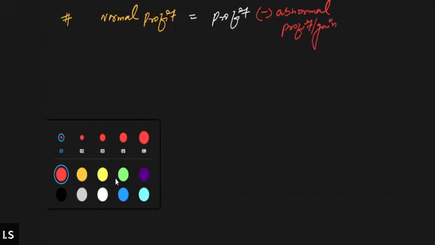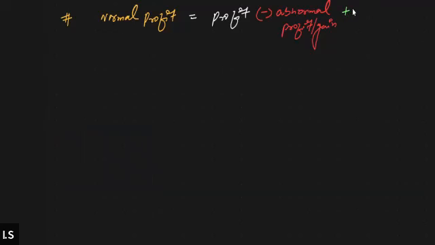And at the same time, you need to add back all the abnormal expenses, abnormal loss or expenses. You need to add abnormal losses and expenses, and you need to subtract abnormal profit or gains.